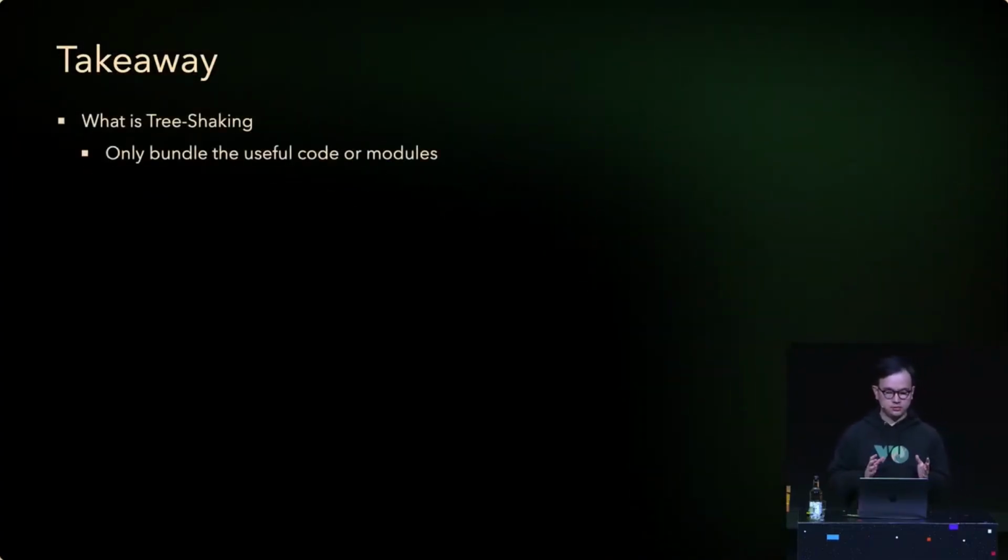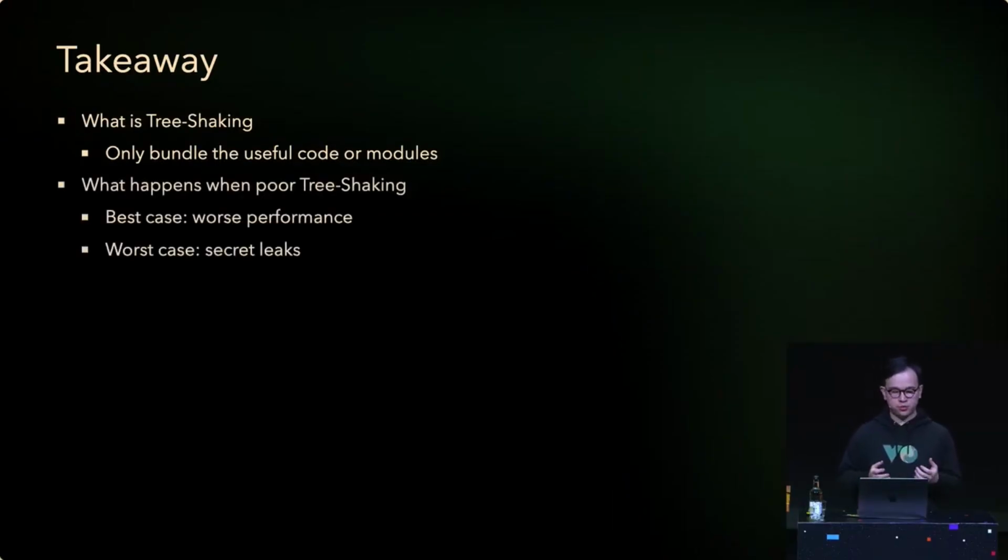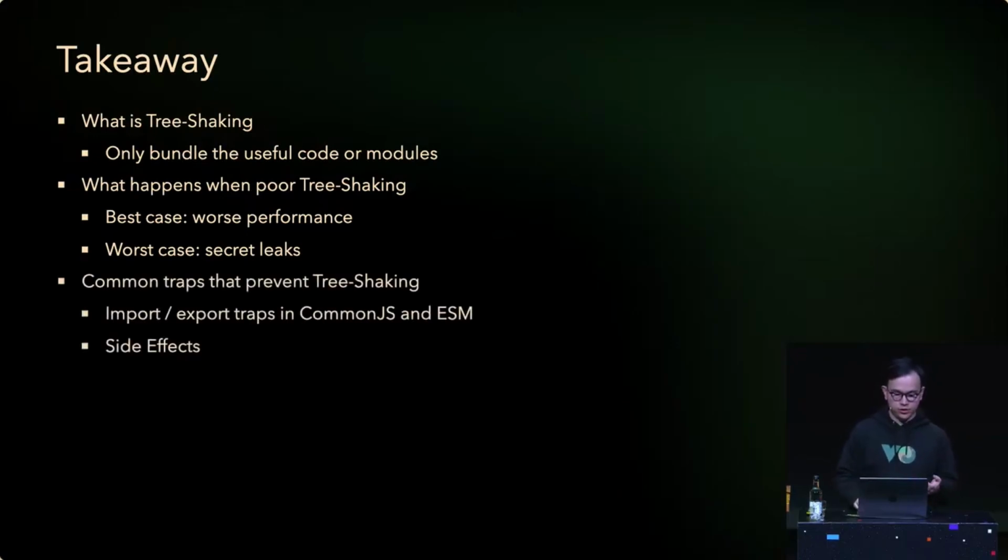So up to this point of this talk, we've learned tree shaking is about only bundling the code or modules that we actually use. And when tree shaking fails, the worst case could be secret leaks. We also saw how CommonJS and incorrect ESM usage can break tree shaking.